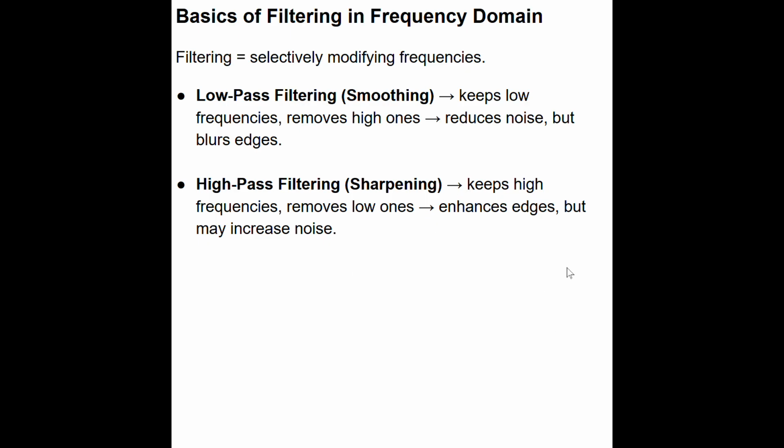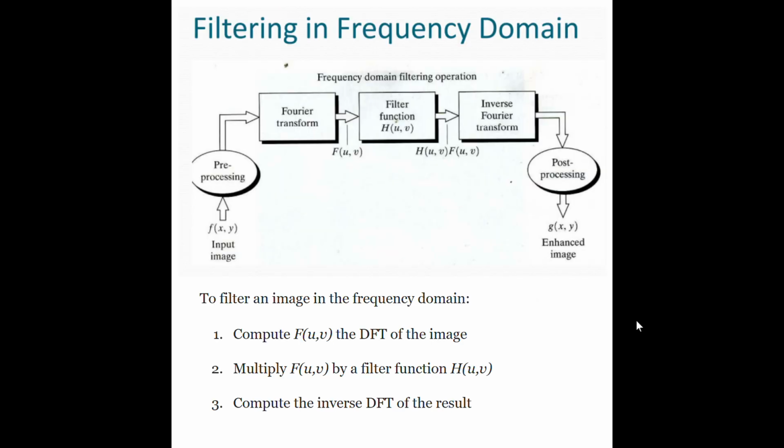You can remember like this. Smoothing blurs the edges or blurs the image. Sharpening won't blur. It will enhance the edges. I hope this is clear.